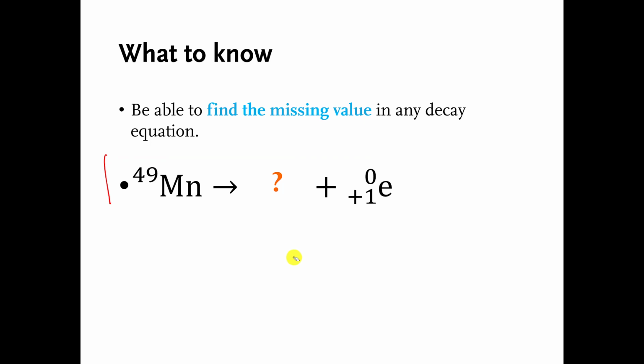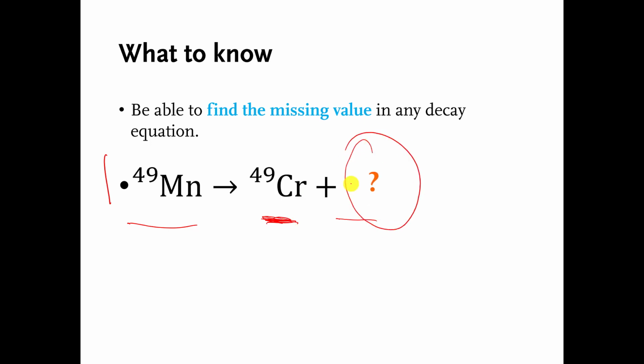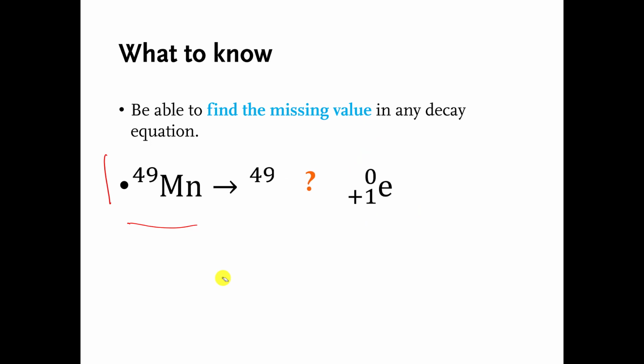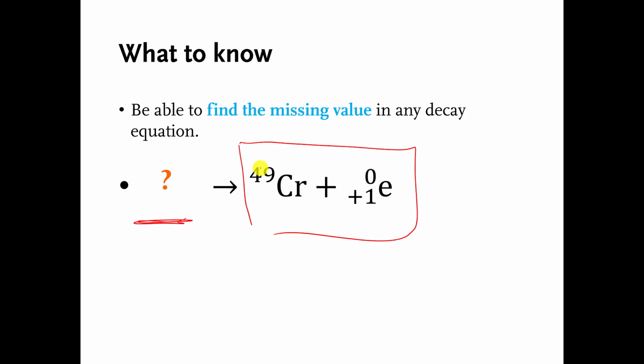The other thing that I want to point out is I can move this question mark around. It doesn't always have to be here. I could hide this part off to the right, and you should still be able to figure it out. And, in fact, I can even hide the stuff on the left side, and you should still be able to figure it out. So, for example, if I hid the stuff on the left, you would look at the right side and say, oh, top numbers on the right side add up to 49, so this must be 49.